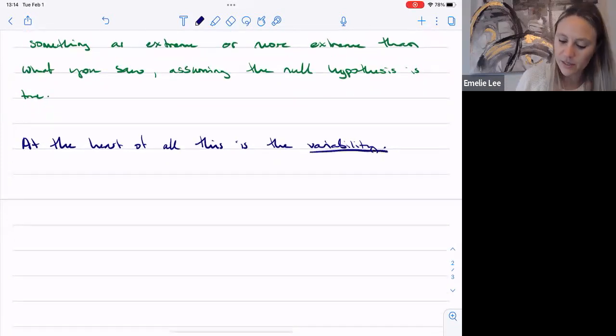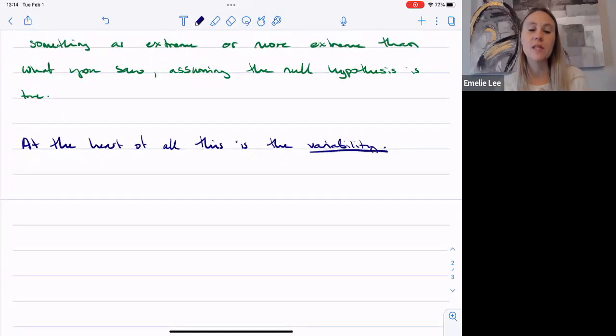Variability is typically a measure from the center. Remember, we have different measures of center, so it's not necessarily the mean, but it's usually the mean. We can have measures from the median. We can have measures of spread from different measures of center, but we focus on the mean.